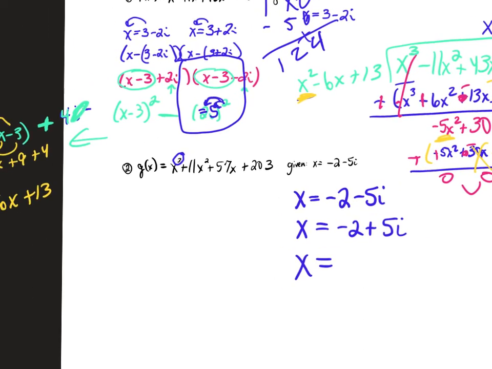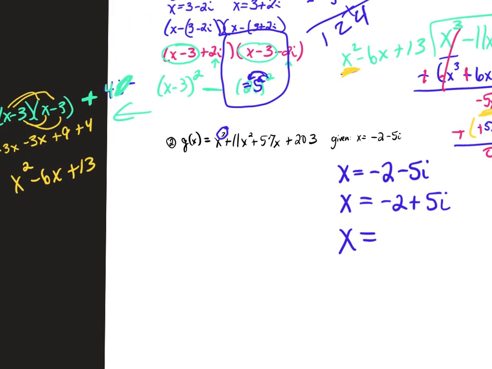So the first step we're going to take, guys, is we're going to take our imaginary complex solutions, x equals negative 2 minus 5i, and x equals negative 2 plus 5i. And remember, this is a negative 2, so when I bring it to the other side, it's going to become positive. So we'll have x plus 2 minus 5i, and then we have x plus 2 plus 5i.